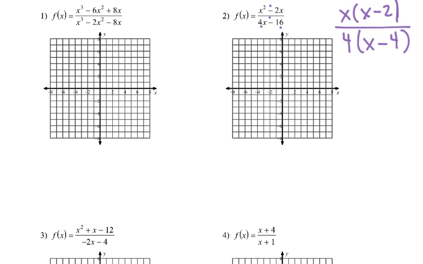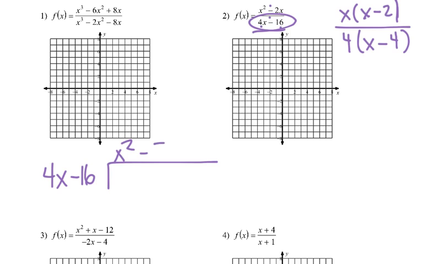Okay, so that didn't help us a whole lot, did it? So nothing's going to cancel there. Okay, so we can find our horizontal asymptote by doing long division. What that means is I'm going to have to take this and divide it into this.